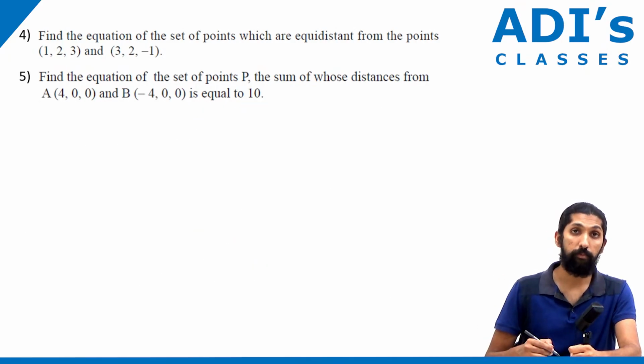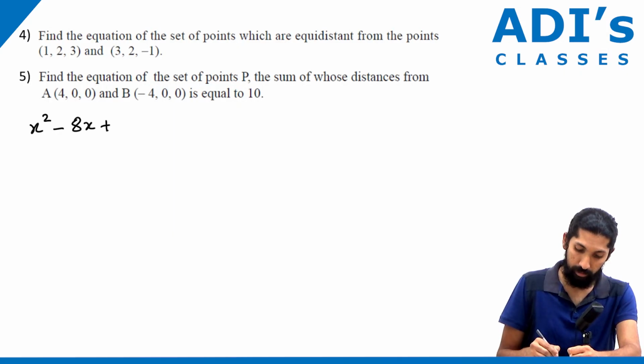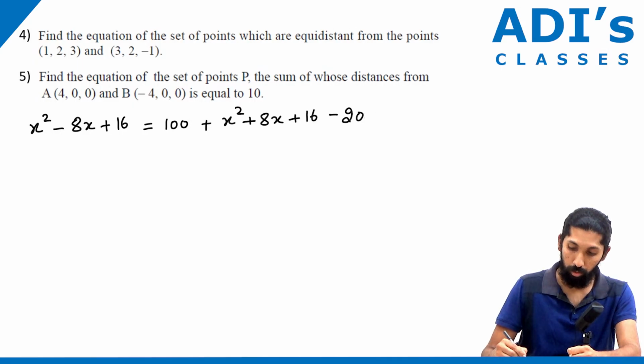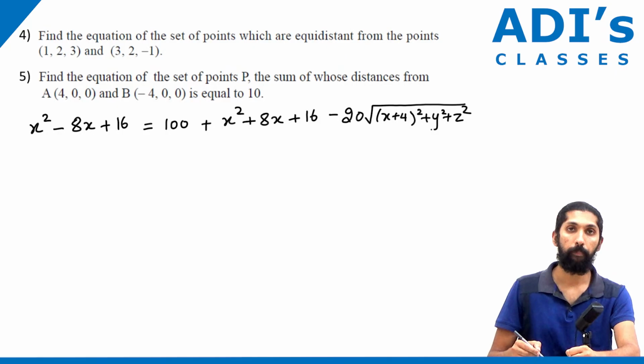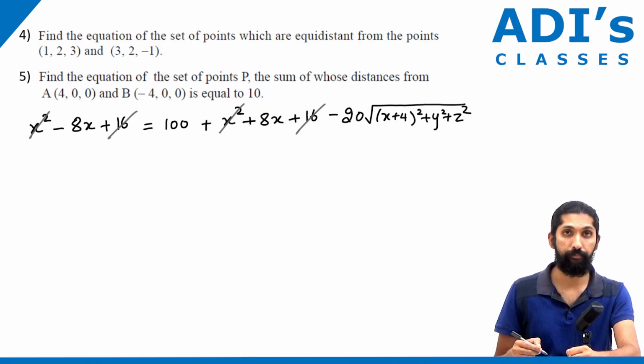On the LHS, we have x minus 4 whole square, which is going to give us x square minus 8x plus 16, is equal to 100 plus x square plus 8x plus 16 minus 20 into root of x plus 4 whole square plus y square plus z square. Now here again, x square, 16, 16 cancels out, isn't it?